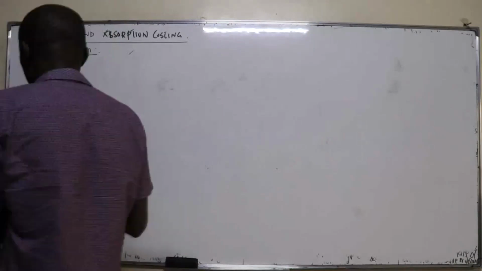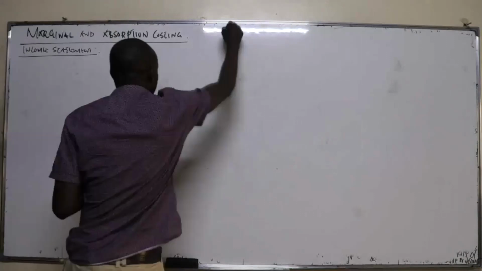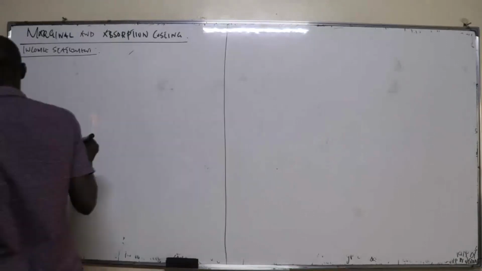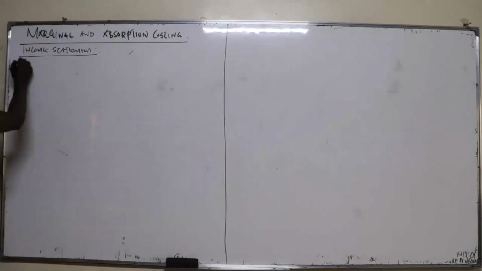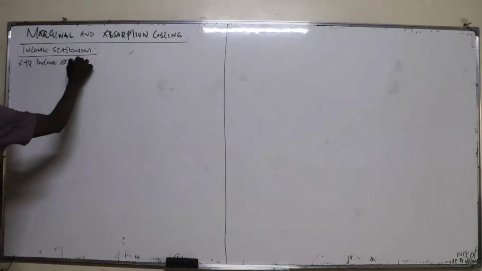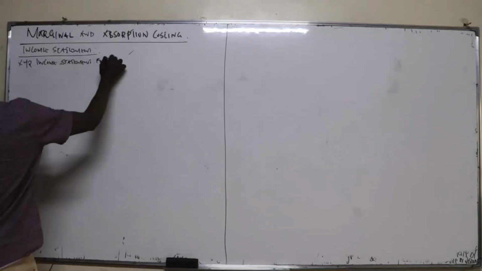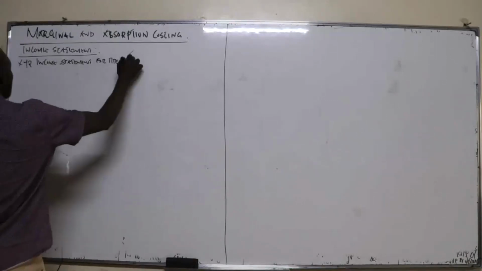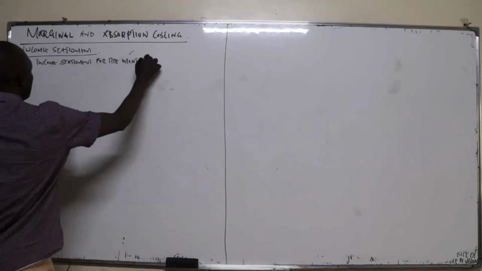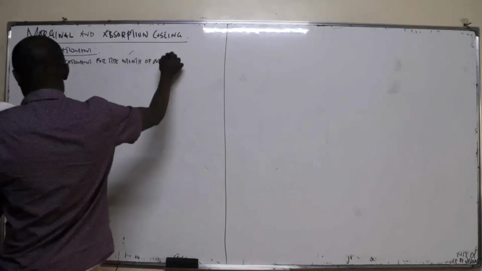So here we're going to produce income statement. So we write the name of the company XYZ, income statement, for the month of April 2015.